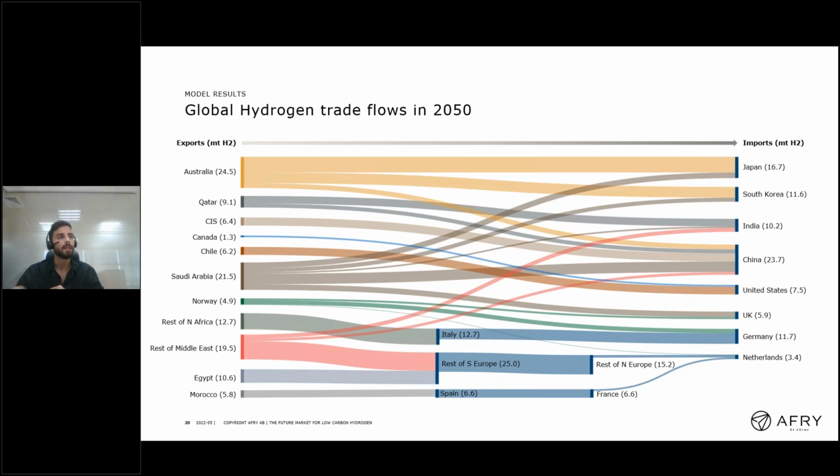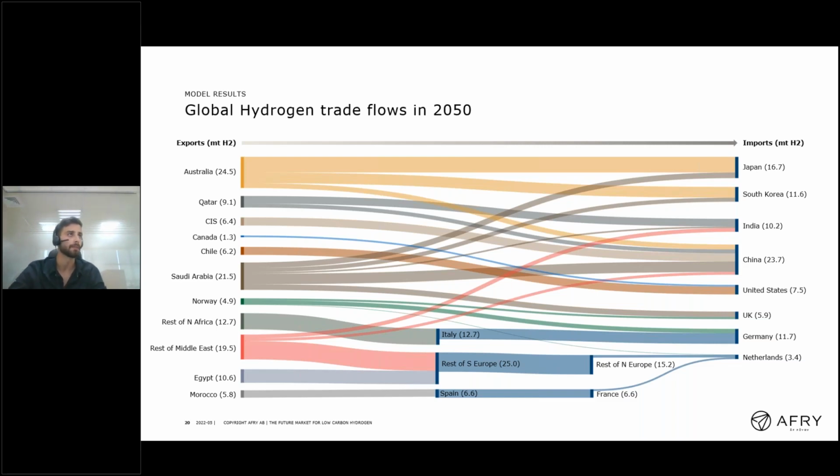A key point where the model optimizes these flows is to minimize transportation costs, which, as we said before, are directly reflected in the hydrogen prices in importing markets. So in order to minimize the overall price and reach a global equilibrium where the prices are lowest everywhere, these flows were suggested by the model.